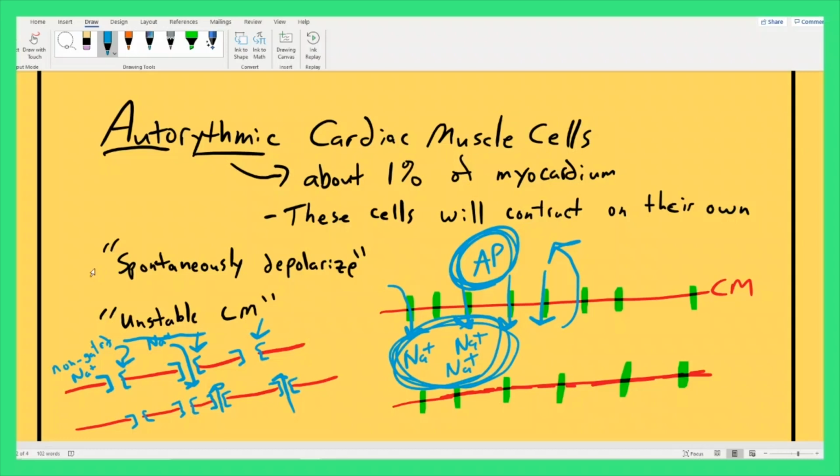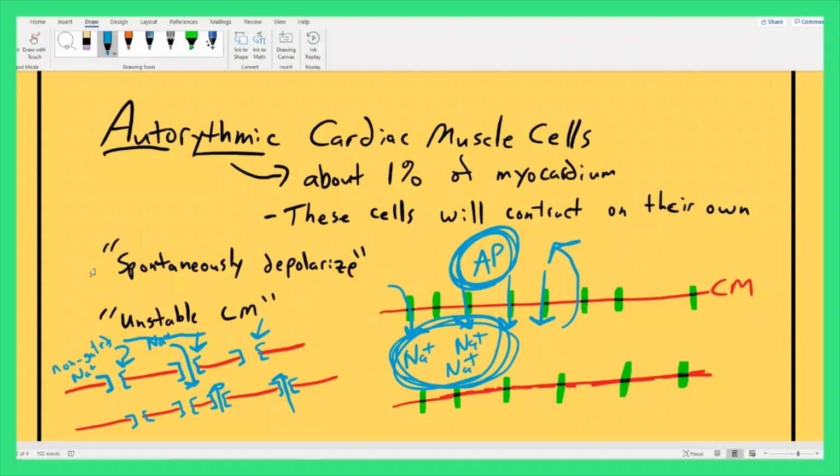No neuron required. If you take these cardiac muscle cells and just let them sit there long enough, what will happen? They'll have an action potential. If they just sit still long enough, they will experience an action potential.